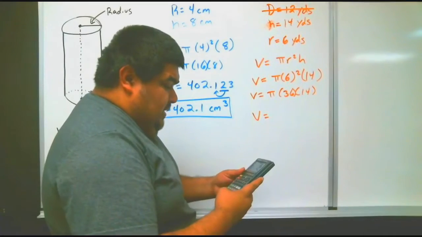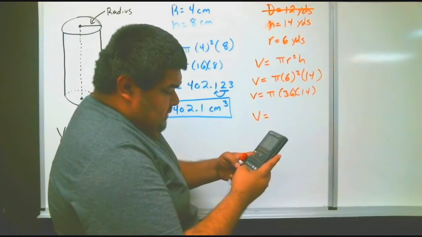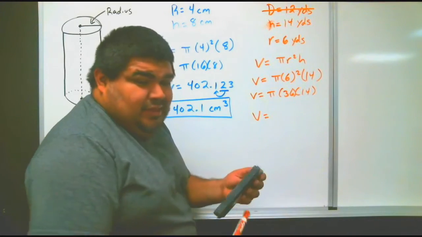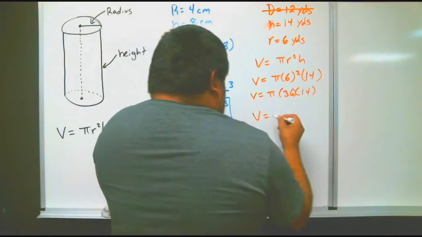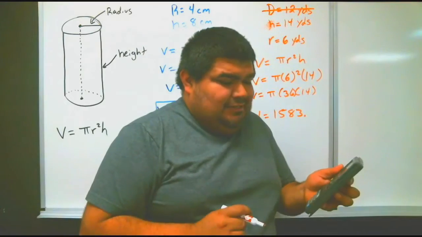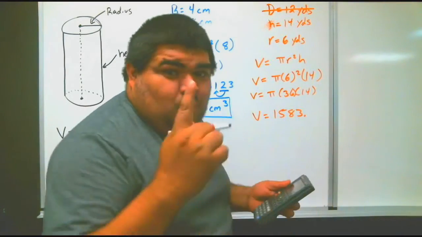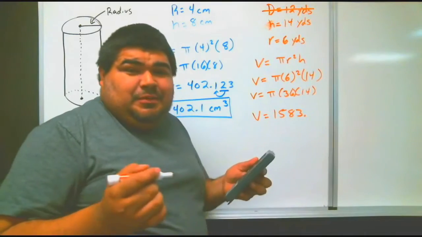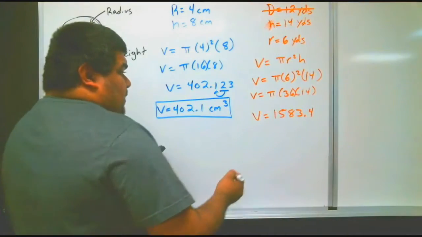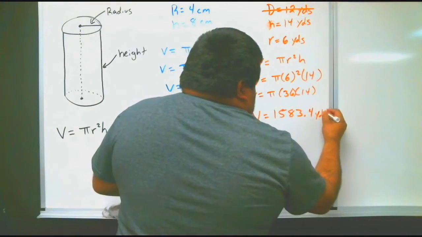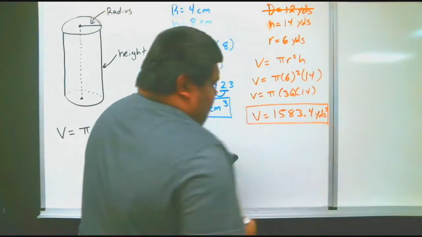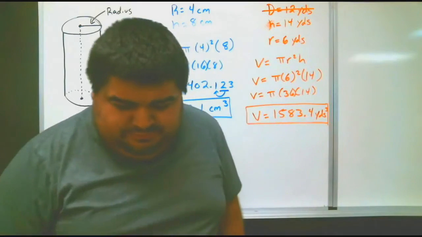So we have 36 times 14 times pi, which is 1,583.362 and so on. We only need one after the decimal point, so the 6 becomes a 4, or 1,583.4. Yards, because we're dealing with yards, cubed. And that's it. We are done.